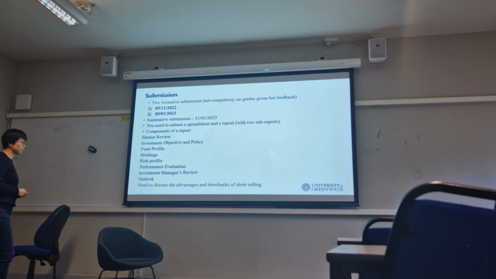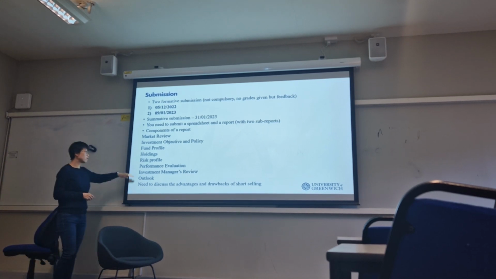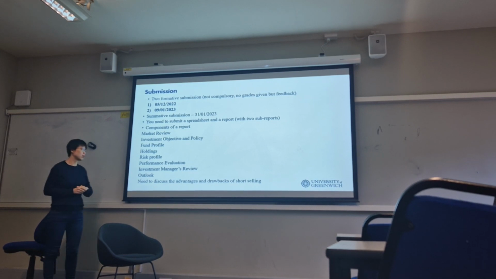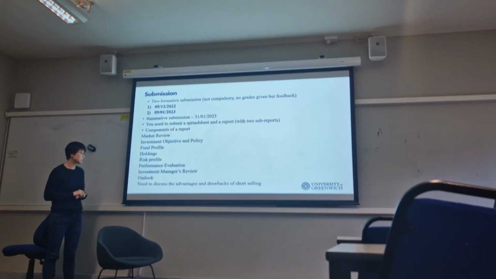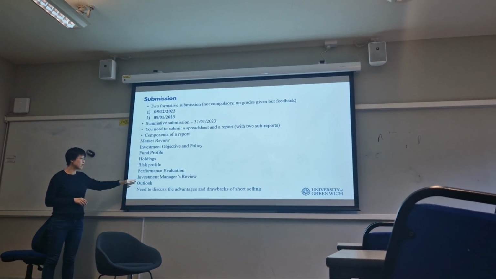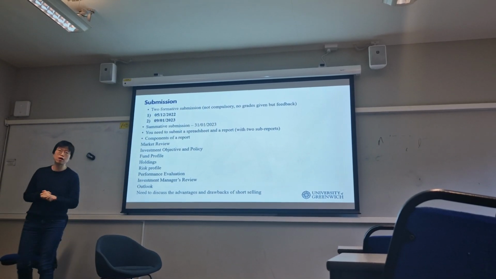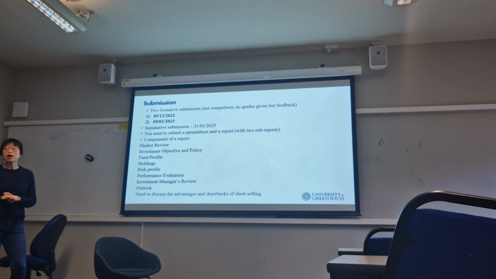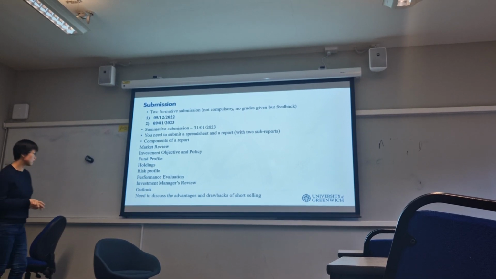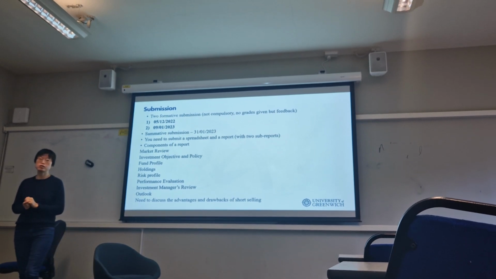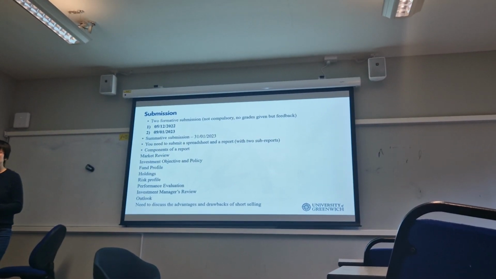Then performance evaluation, which we will do after the next 2 lectures. Then the investment manager's review, which basically summarizes the performance of the fund. And then the outlook, where we discuss the future performance of this fund given the economic situation.